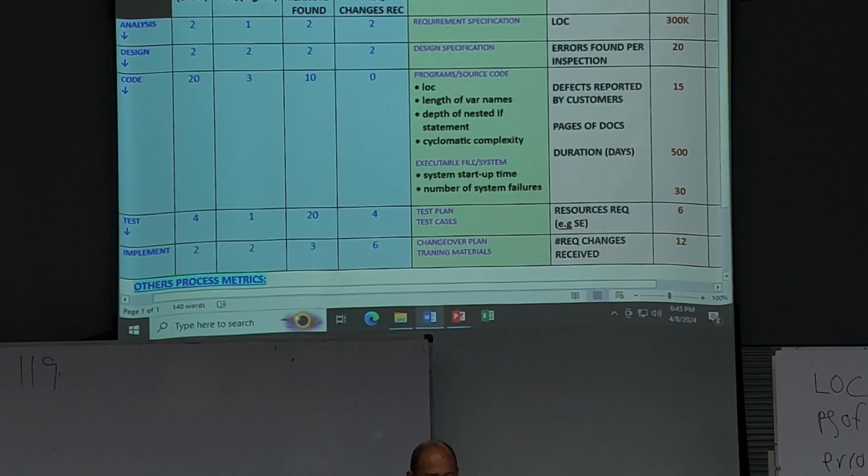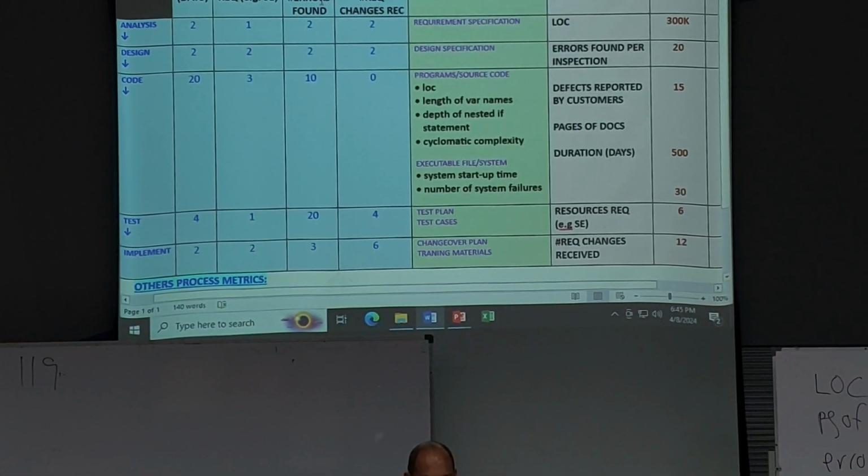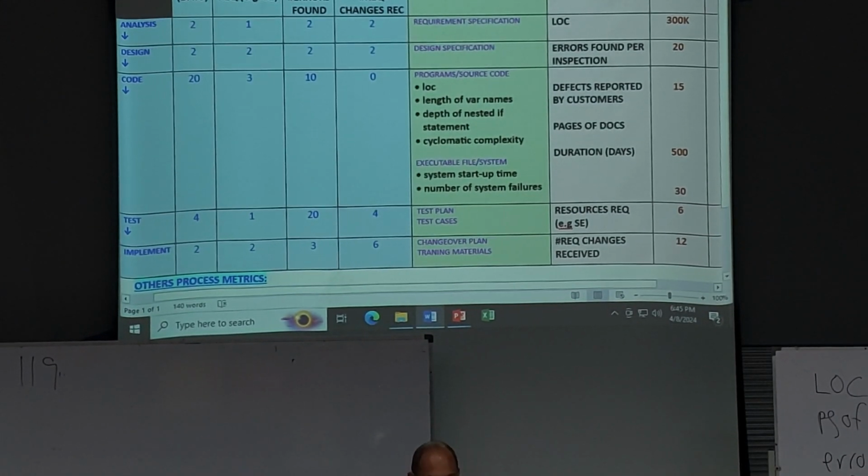Resources required, for example the number of software engineers. Events like the number of errors found, and the number of requirement changes received.